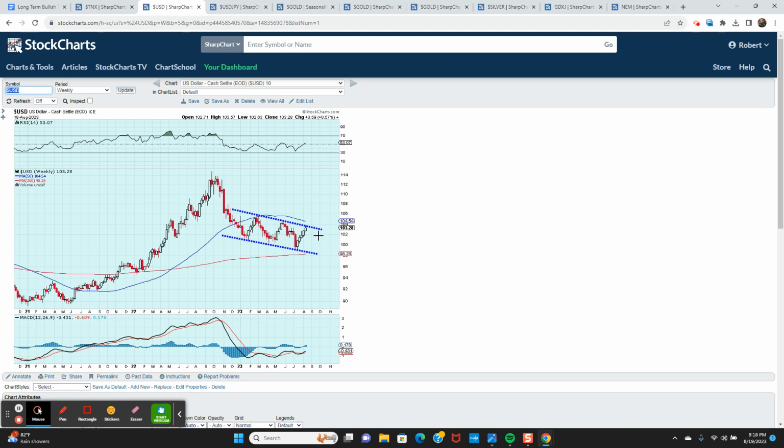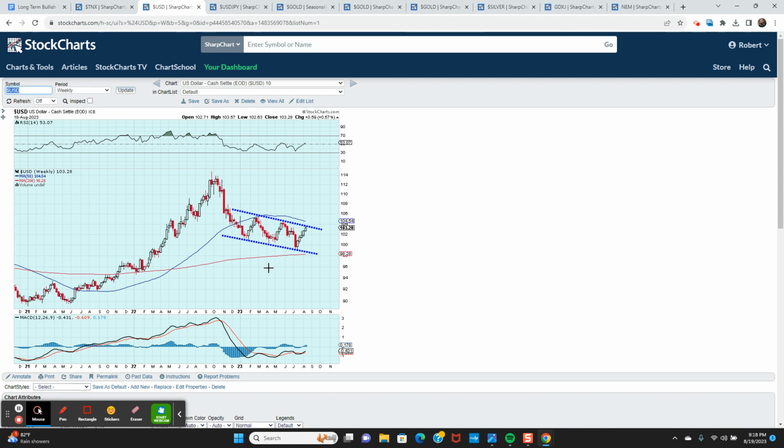The US dollar has put in place a descending channel, a down trending channel. So this is not a typical bear flag because it's descending, it's down trending, making lower highs and lower lows.